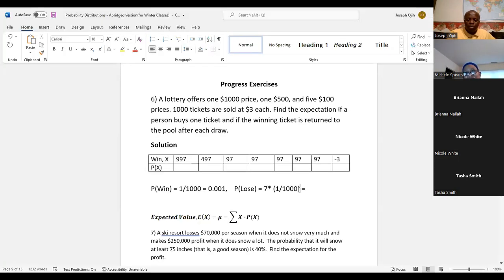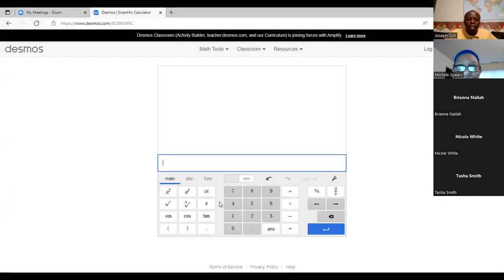So the chance of losing: if you have 7 prizes, 1, 2, 3, 4, 5, 6, 7, it would be 1,000 minus 7, which is 993, divided by 1,000.